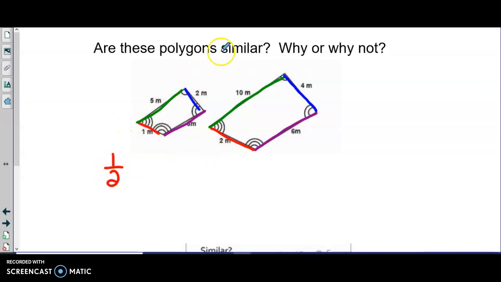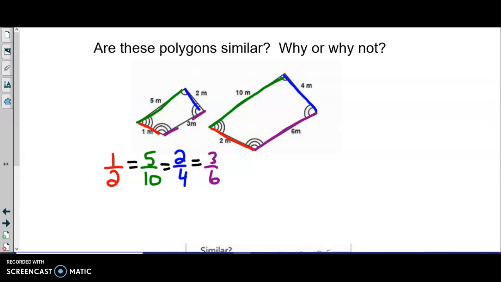So 1/2. If these are similar, that has to also equal 5/10, which has to also equal 2/4, which has to also equal, and you have to check every single side, 3/6.